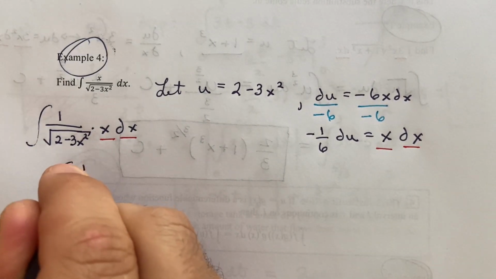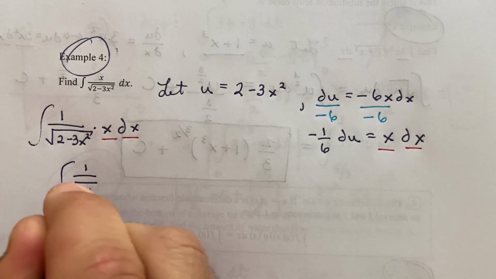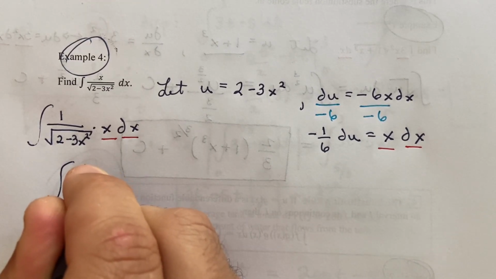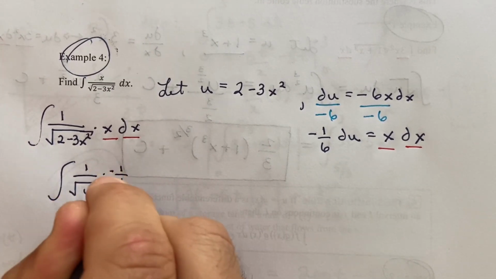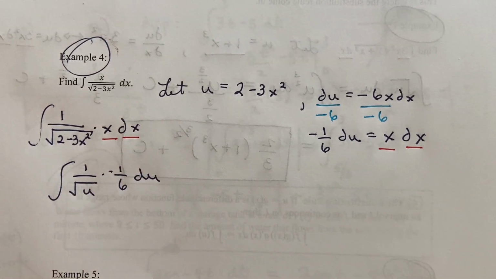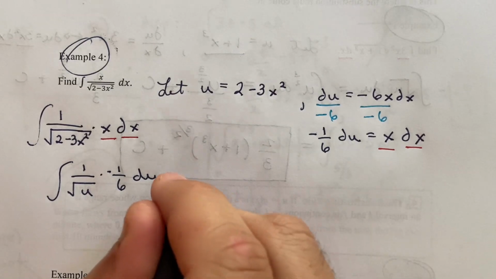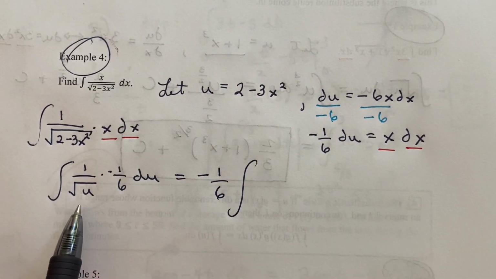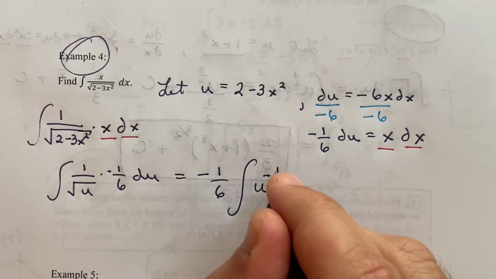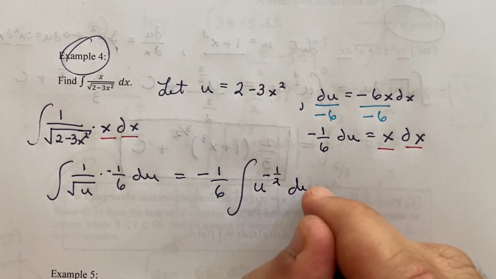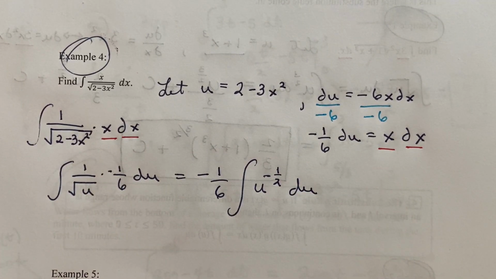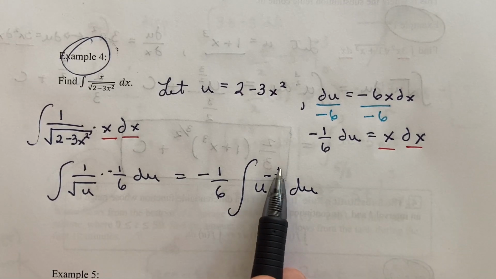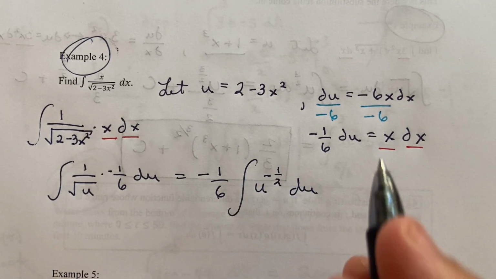And at the same time, I'm going to have 1 over the square root of just u times -1/6 du. All right, so I can pull out the -1/6. I can rewrite 1 over root u as u to the -1/2 du. And finding an antiderivative of this integrand is not too bad.